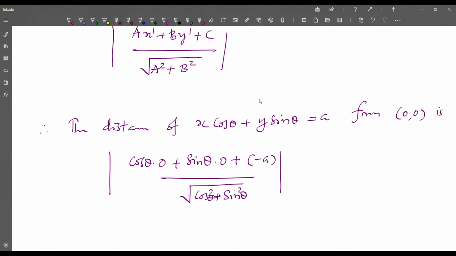Since a equal to cos theta, b equal to sin theta and c equal to minus a.